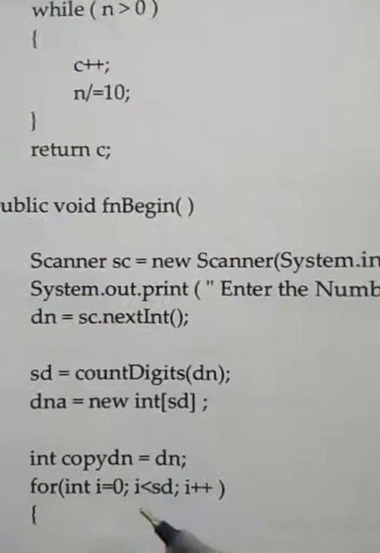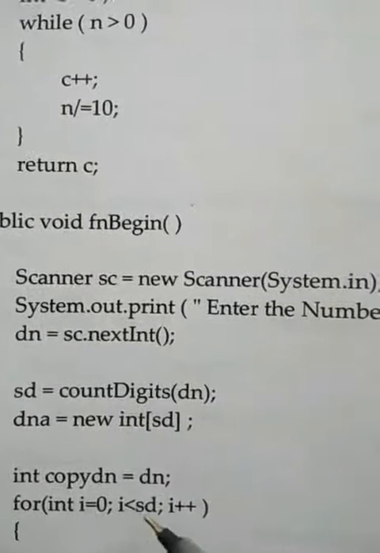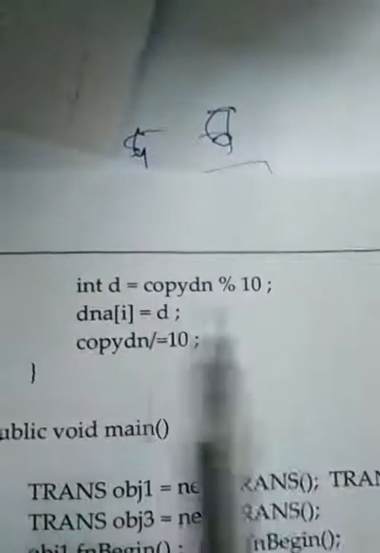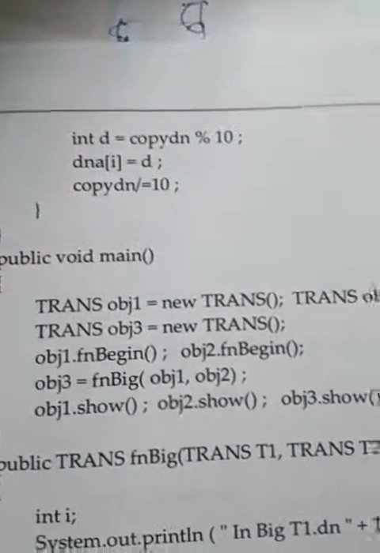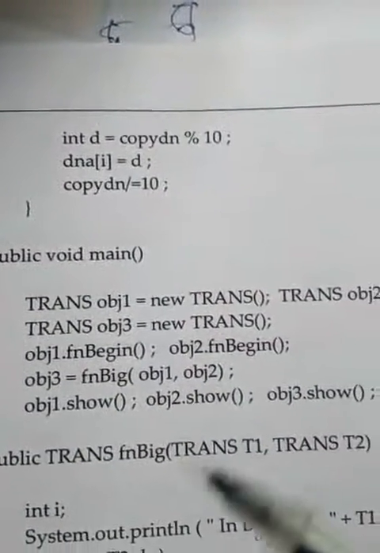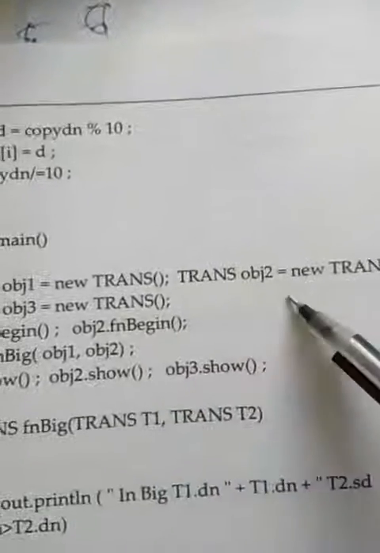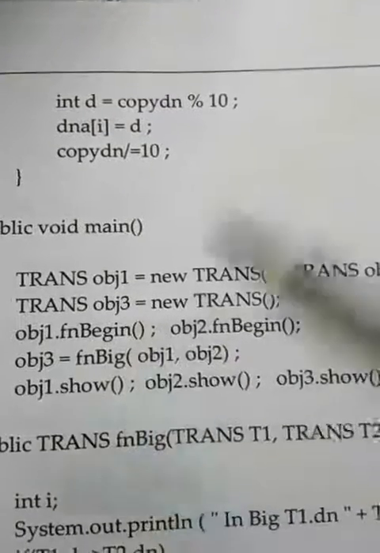And now here is the process of copying digits. From 0 till sd we will go, so all the digits will be copied in this array. Now in the main function we are creating two objects, number first and number second, and number third for storing.